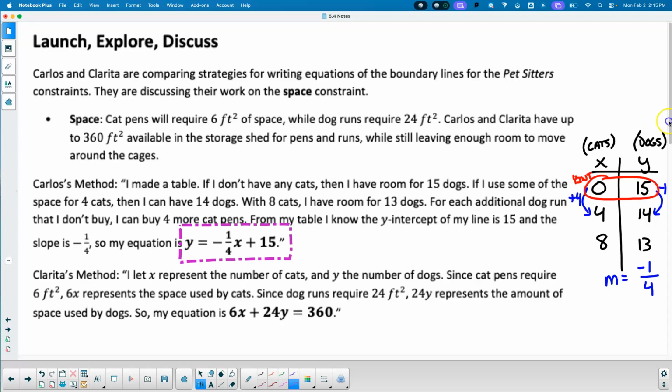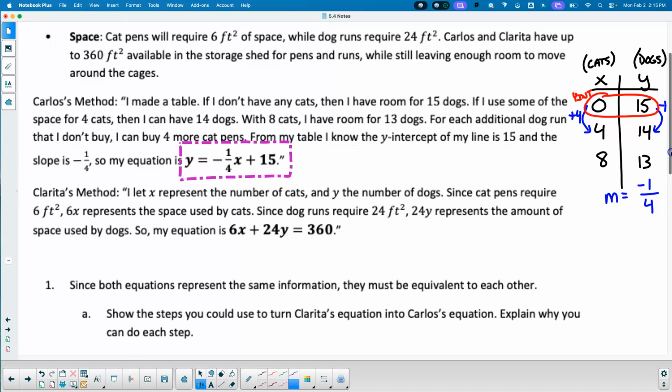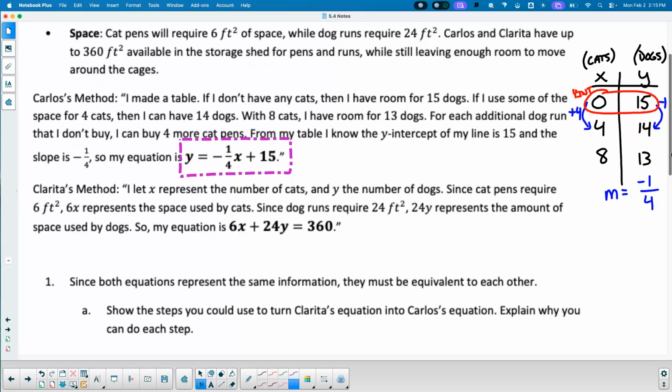Clarita's method was, she said, cat pens require 6 square feet of space, so 6x is going to be the amount of space that gets used by x amount of cats. Because each cat's going to use 6 feet, so x amount is going to be 6x.